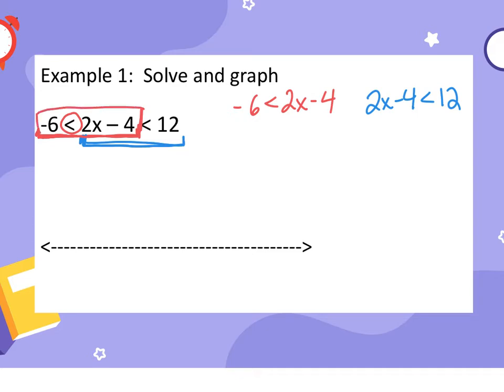Same thing for the second problem. It's everything after that next inequality symbol. Okay, and then the symbol and everything after that. So a big error that we see with these types of problems is that a lot of students want to just divide the problem like this.